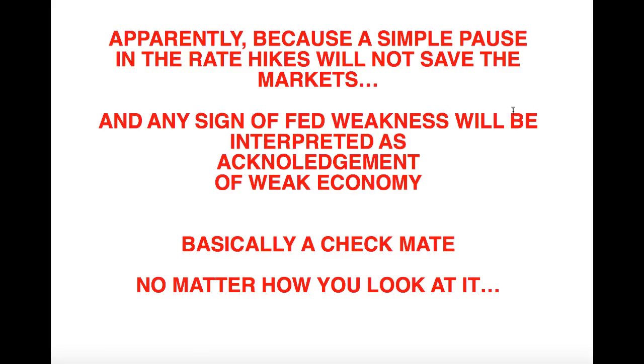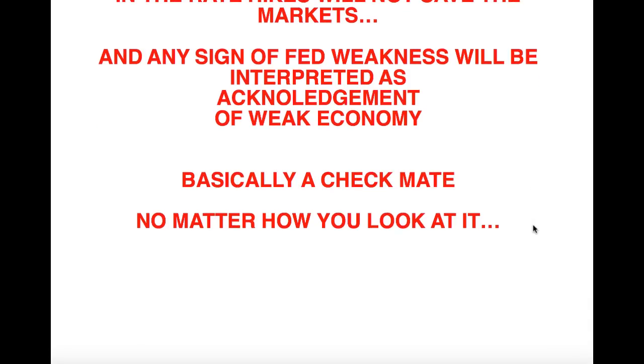Apparently, because a simple pause in interest rate hikes will not save the markets. Not this time. And any sign of Fed weakness, such as them going along with Trump's pressures and either slowing the rate of the hike increases or not announcing the rate increase tomorrow at all, will be interpreted as an acknowledgement of the weak economy.